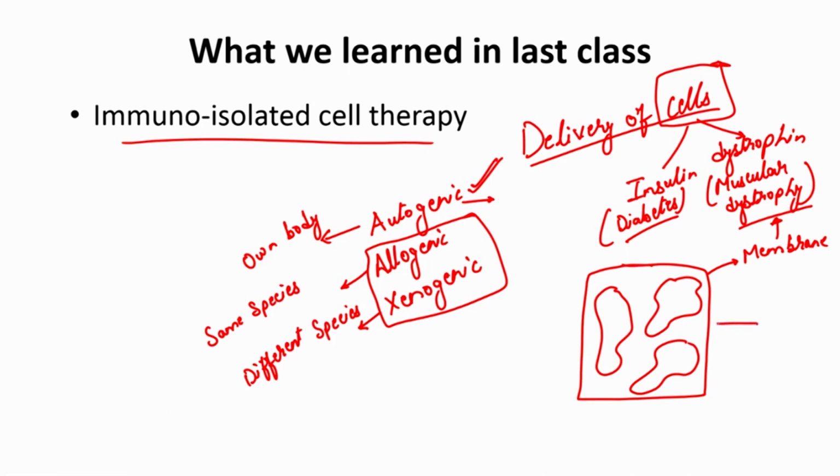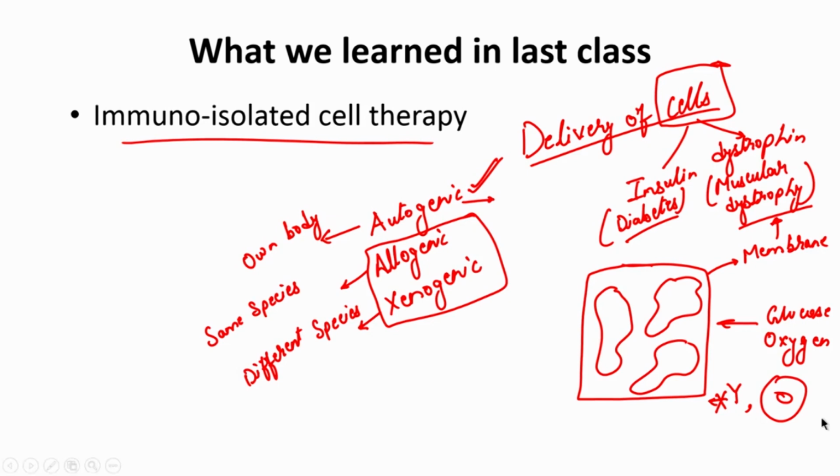This membrane is such that it will allow small molecules such as glucose and oxygen to pass through, whereas larger molecules such as antibodies or other immune cells are not able to go through. So, that is the whole concept behind it, and we discussed several different conformations of these implants, but eventually this is what you want.